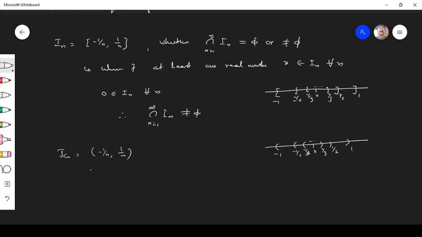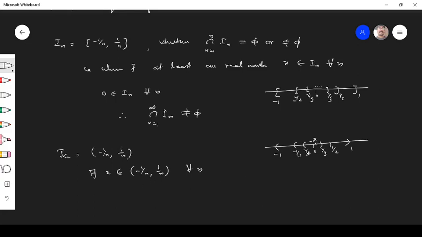Suppose there exists an x which belongs to (-1/n, 1/n) for all n. Suppose there is an x which belongs to every (-1/n, 1/n). Now let us take x to be positive.